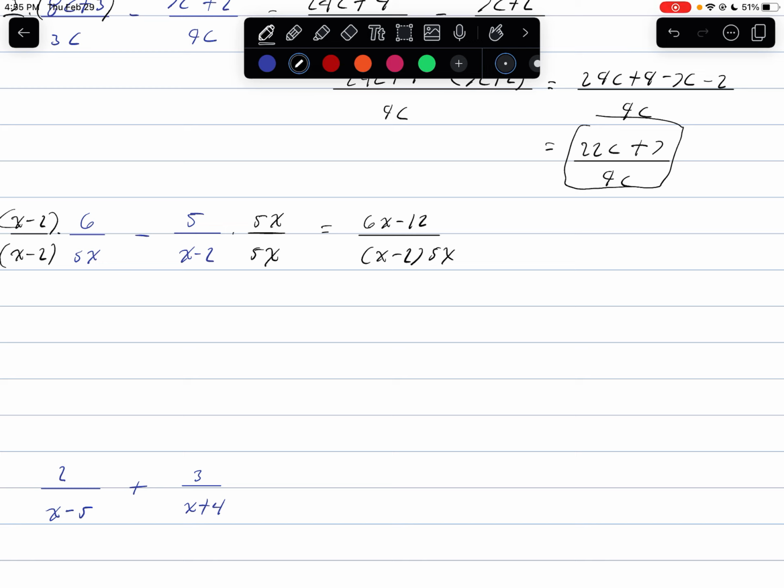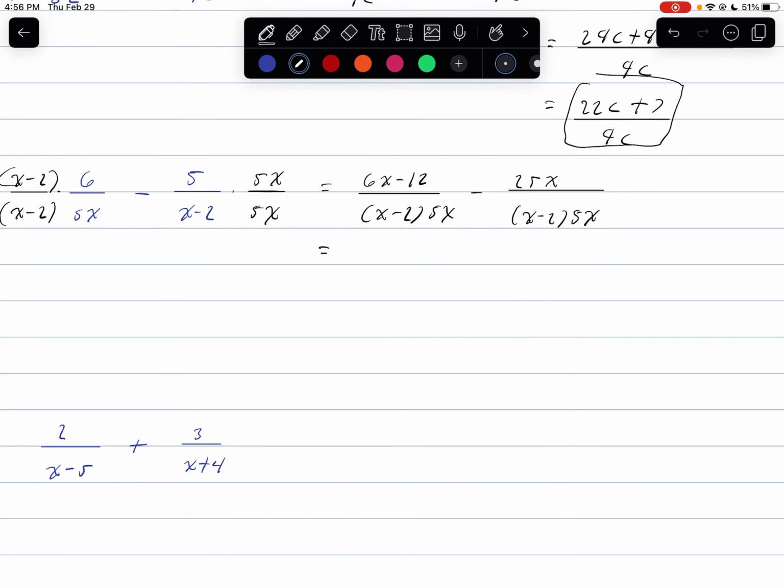Oftentimes, it actually can be advantageous to not necessarily fully multiply those. Okay, and then in the numerator we have 5 times 5x, which gives us 25x. The point being, you can certainly go ahead and FOIL those out if you'd like, or distribute that if you'd like. But you may have to do some factoring in the end. So let's just leave it undone for now. So we'll have x minus 2 times 5x.